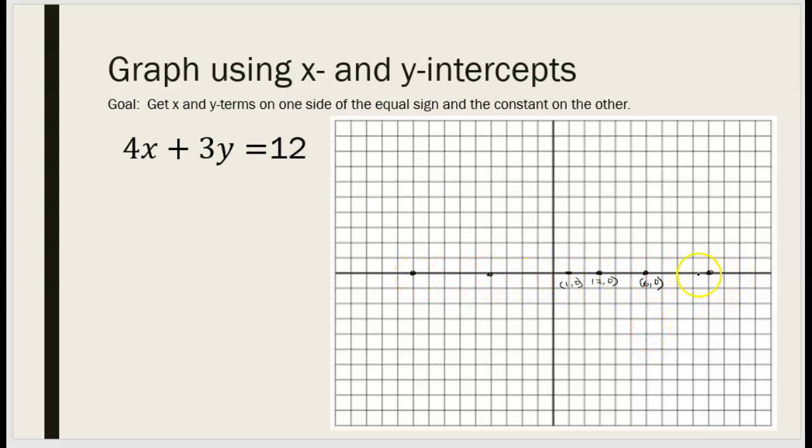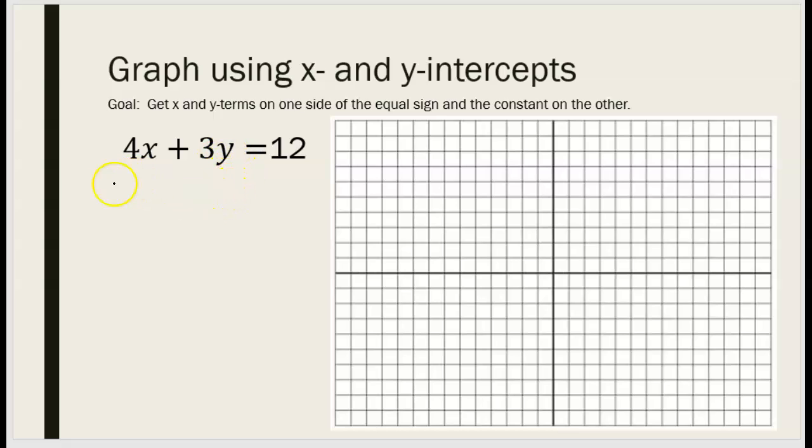If we do that with every single one of these points, you'll find that their y values are 0. So if I need to find the x-intercept, I get to rely on that information and recognize that my y value at that location is going to be 0.